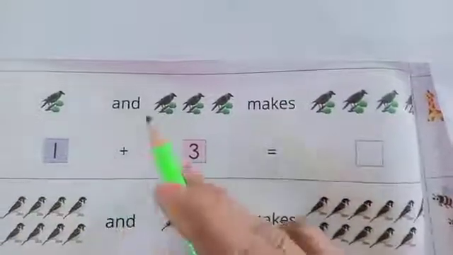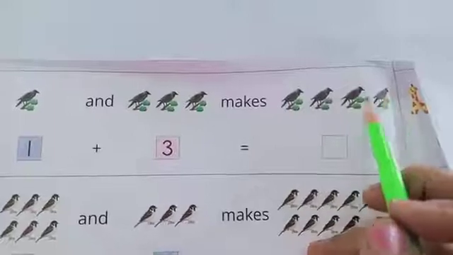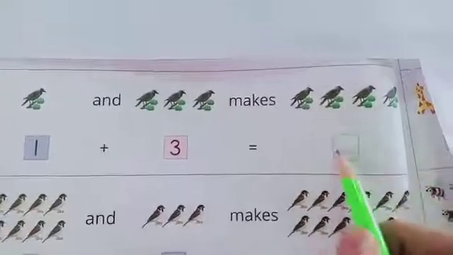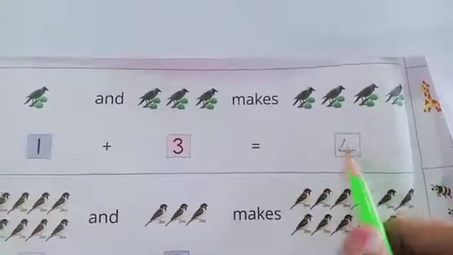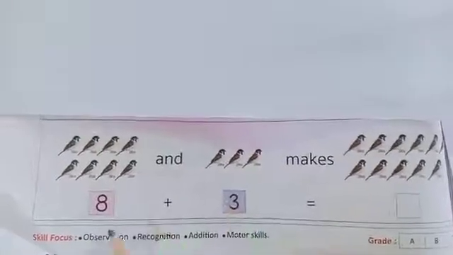Now 1 and 3 makes how many? 1, 2, 3, 4. So we will write 4 here. Now 3 plus 8 equals how many birds are here?